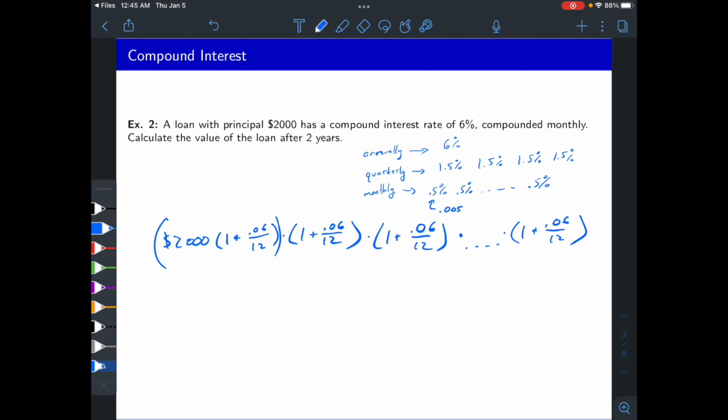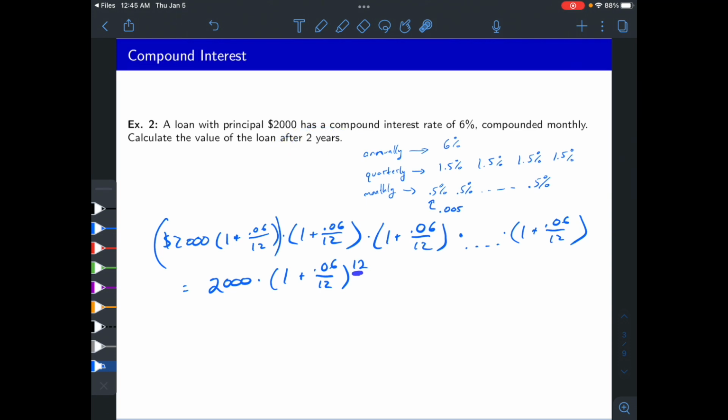So if we're just doing this for 1 year, then this would be 2,000 times 1 plus 0.06 over 12, to the 12, because if we're just doing it for 1 year, we're multiplying by this 12 times. I'm forgetting that we're doing 2 years for the time being.